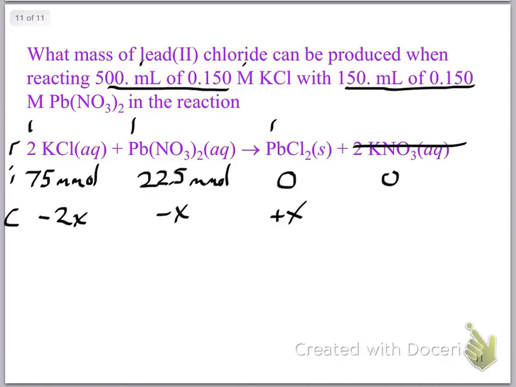And we see even if we consumed all of this 22.5 millimole, multiplied by 2 here, it would still be less than the initial quantity of the potassium chloride. So that suggests that our lead(II) nitrate is our limiting reactant.